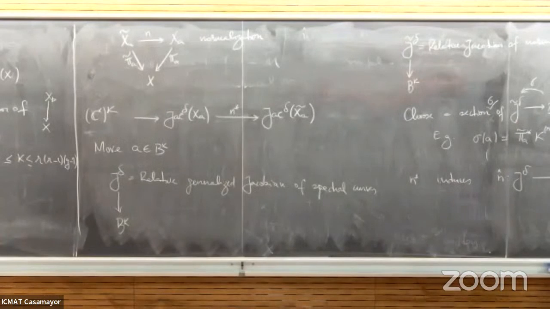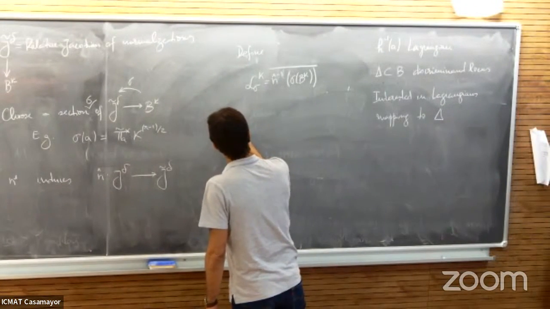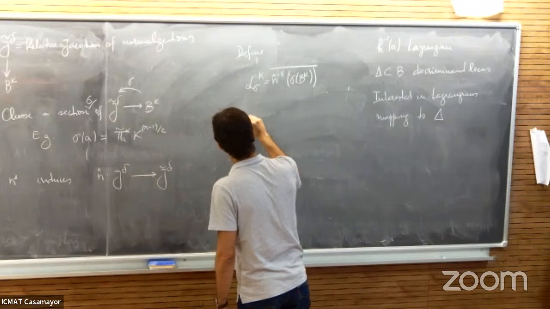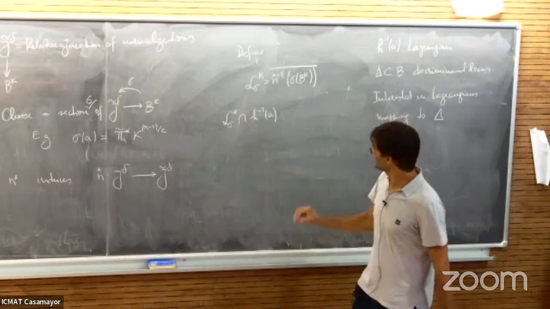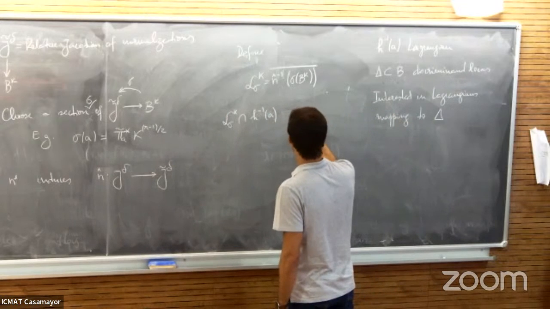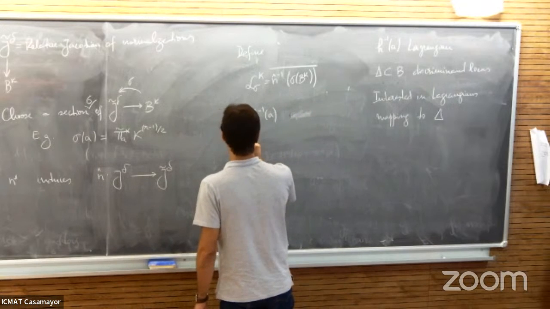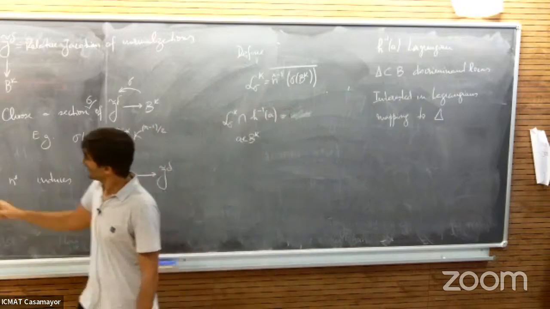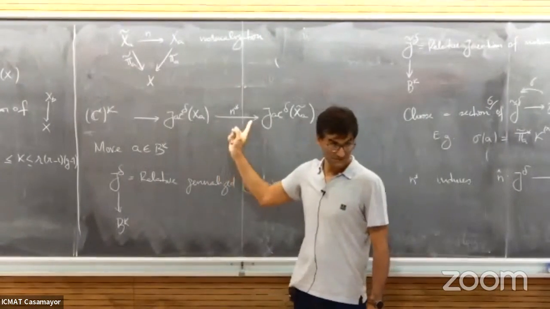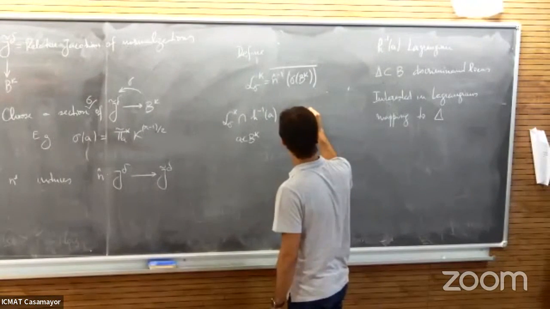So what's the intersection of this space with a Hitchin fiber, for A in B_K? This is just the closure of the inverse image of the pullback map.